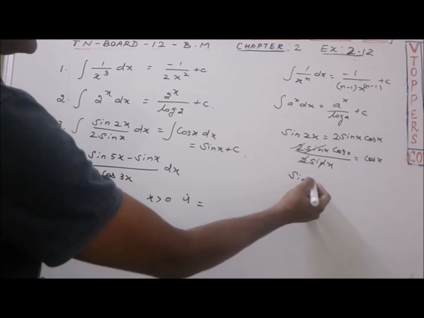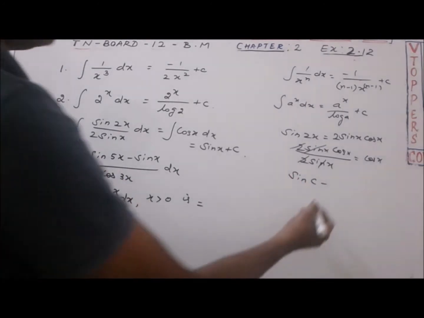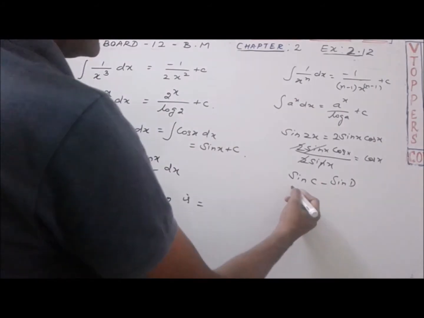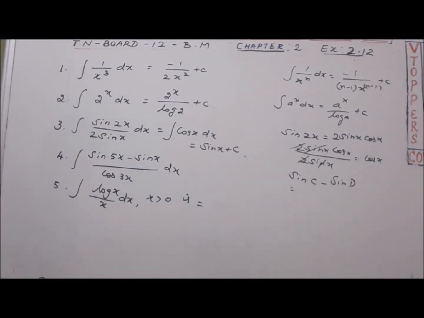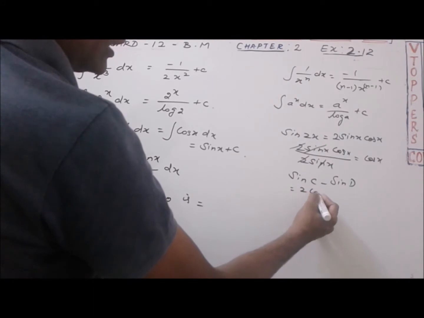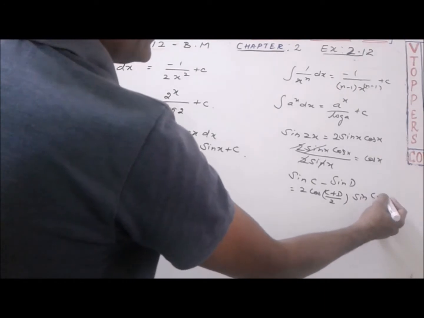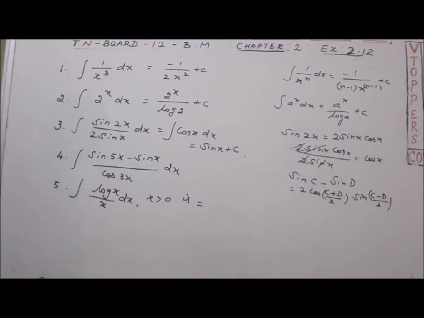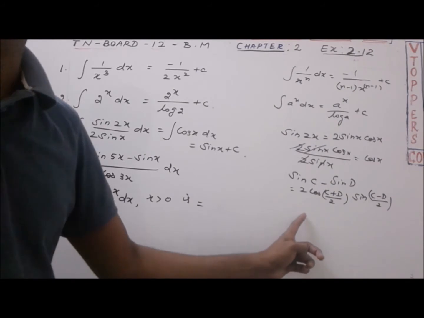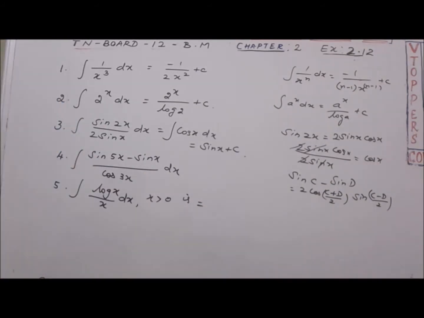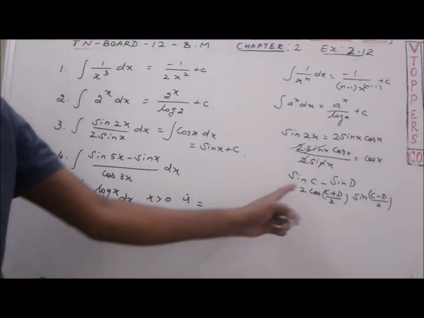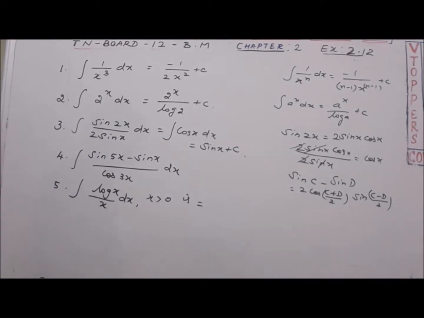We have learned in 11th standard the formula for sin c minus sin d, that is equal to 2 cos of c plus d by 2, sin of c minus d by 2.